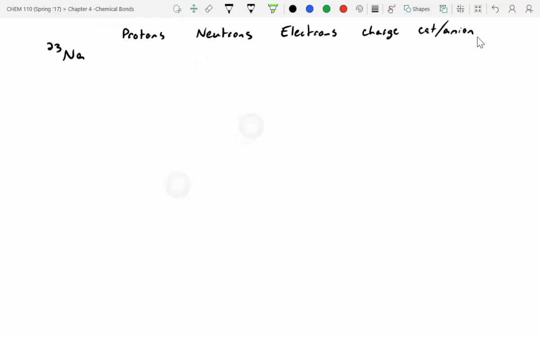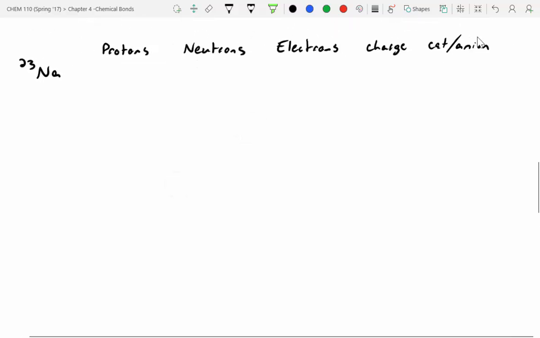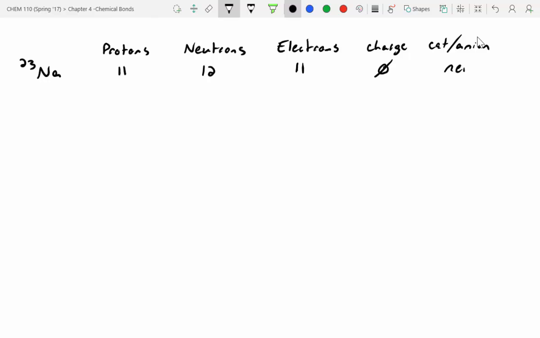So sodium, let me zoom in. How many protons does sodium have? 11, based on its atomic number. How many neutrons will it have? 12. How many electrons? 11, because there's no charge listed, so for charge we'll just put 0. And we'll put neither here. It can't be a cation or an anion in its neutral form.